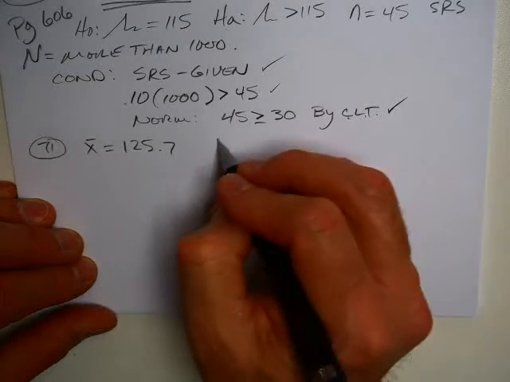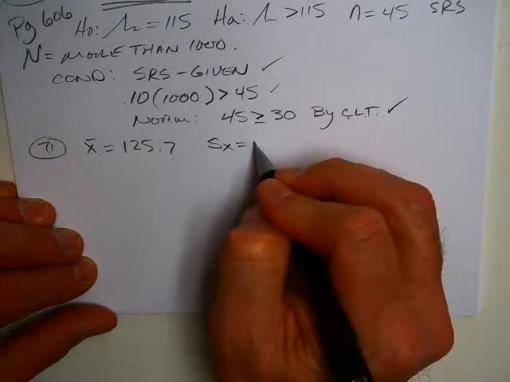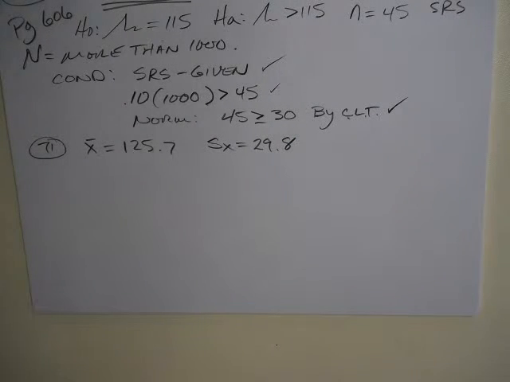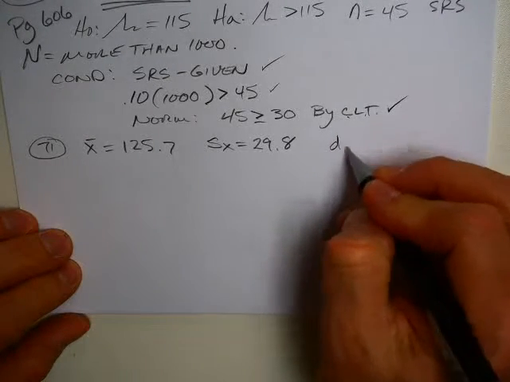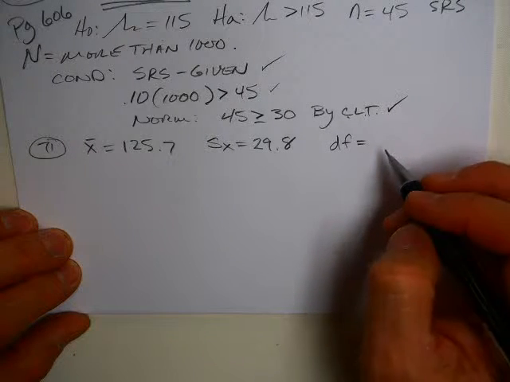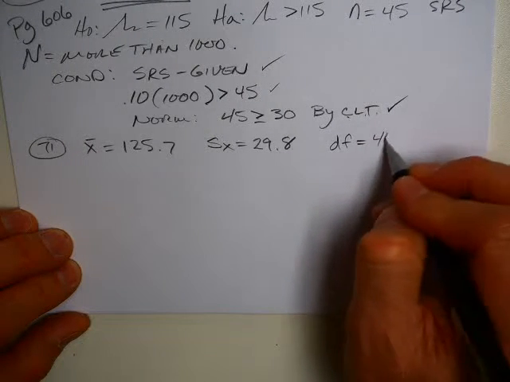And the sample standard deviation, Sx, is 29.8. So now we have everything to put into our standardizing formula, or is this a t-test or a z-test? T, right. So when we're dealing with t, the one thing we probably want to write down is degrees of freedom. What would that be? 44, yeah, 45 minus 1, 44.